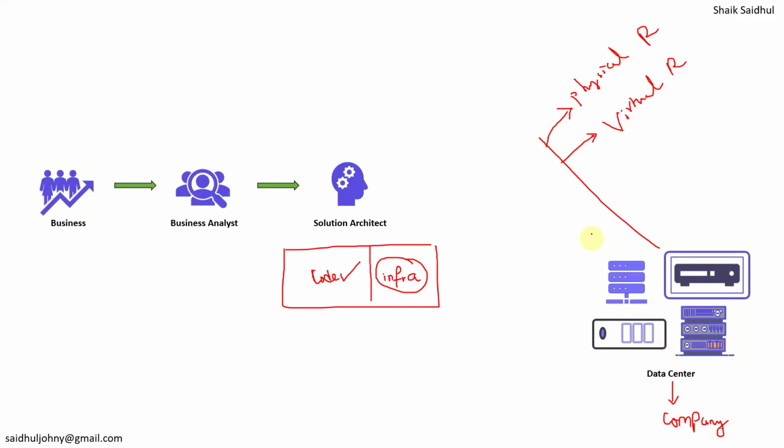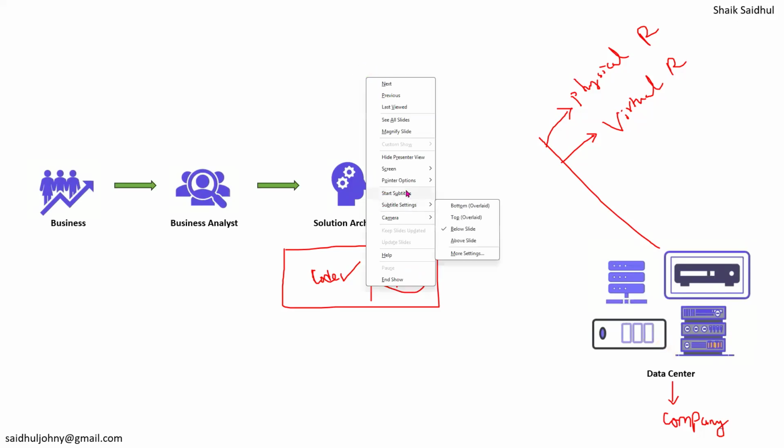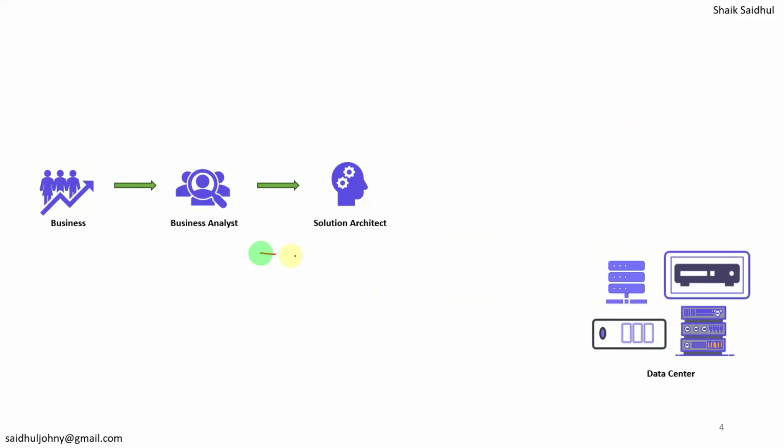Now tell me one thing. The solution architect mentioned some amount of infrastructure required for the application deployment. Some of the infrastructure may be readily available already in the data center, but what if some of the hardware is not available?